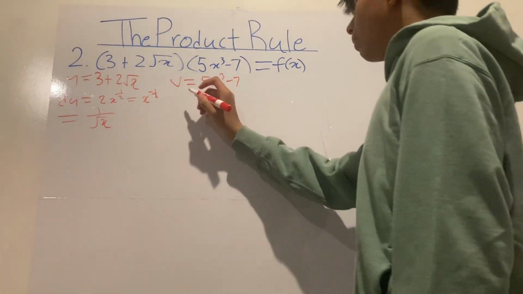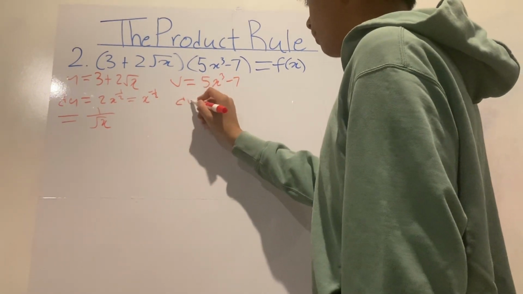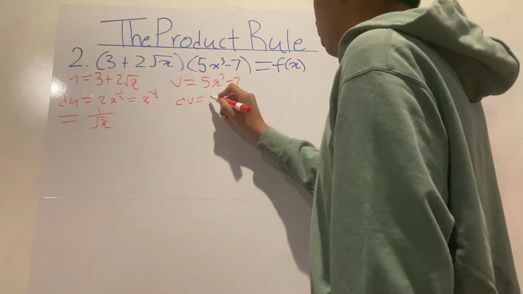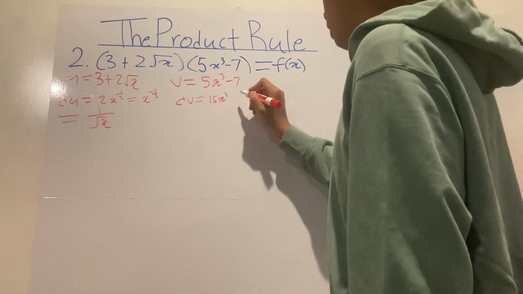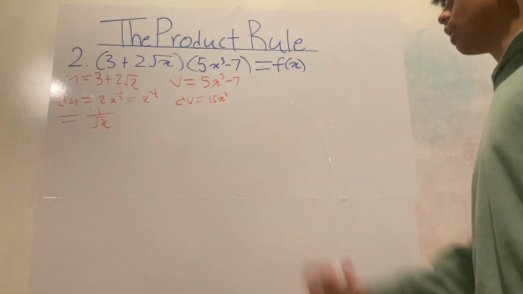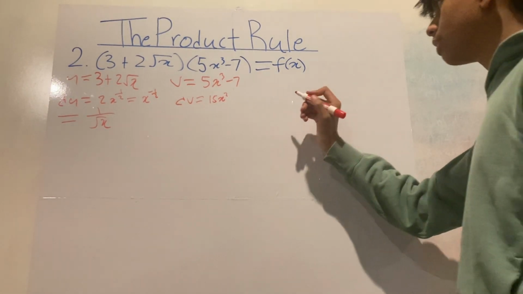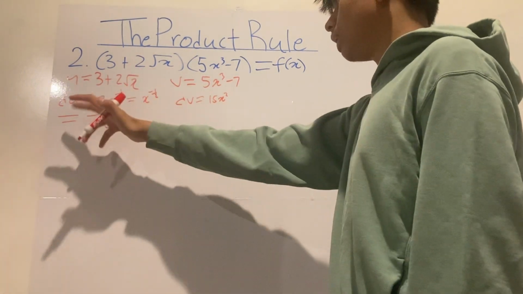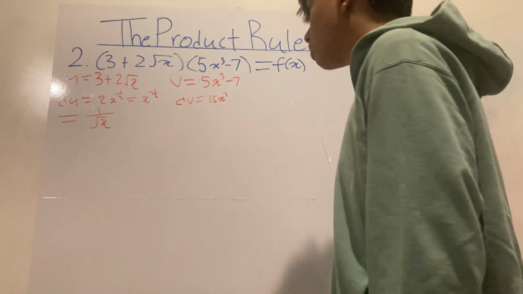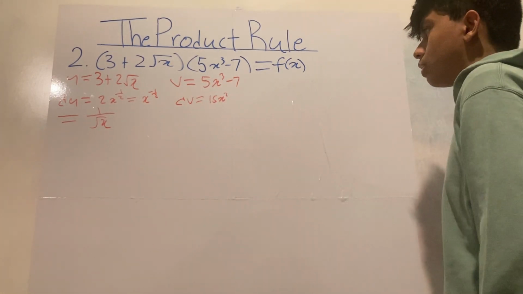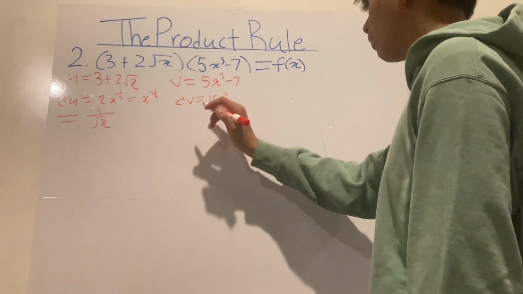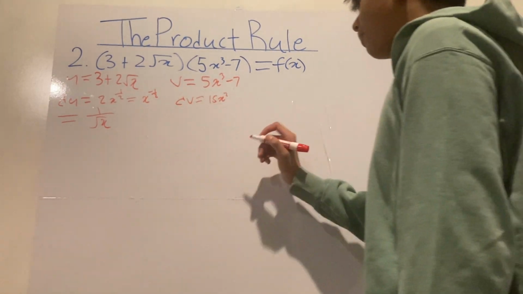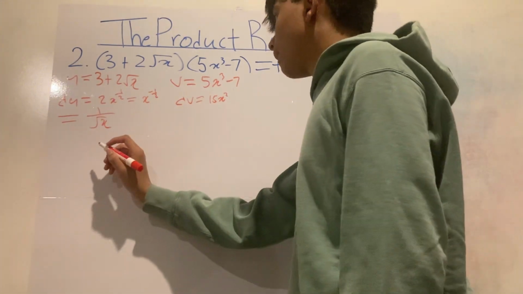And now dv is equal to 15x squared, and negative 7 is a constant, and the derivative of a constant is just 0. So now we have u, 3 plus 2 root x, du, which is 1 over square root x, and v, which is 5x to the 3 minus 7, and dv, which is 15x squared. So let's multiply them.